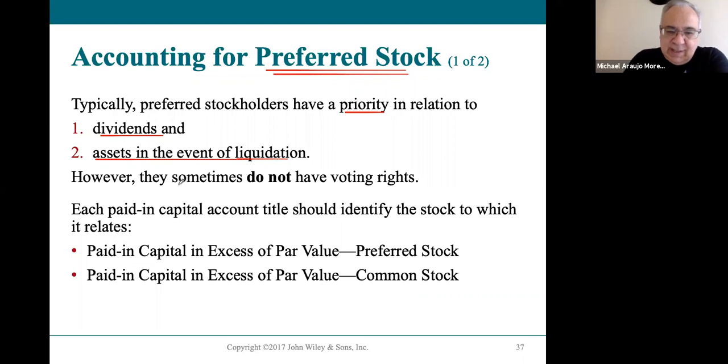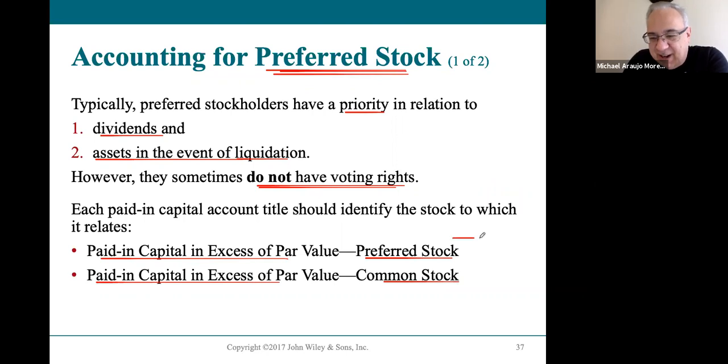But I know this says sometimes they just don't have voting rights. I haven't seen a preferred stock with voting rights, so they simply don't have voting rights. But preferred stock, like common stock, has a par value. So you're going to see preferred stock as an account at par value, and then you're going to see a paid-in capital account, paid-in capital in excess of par for preferred, to match the paid-in capital in excess of par for common.